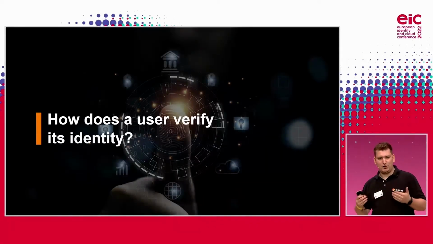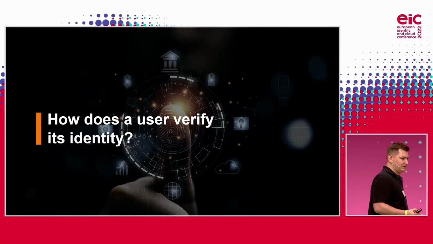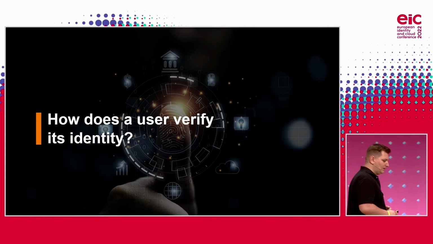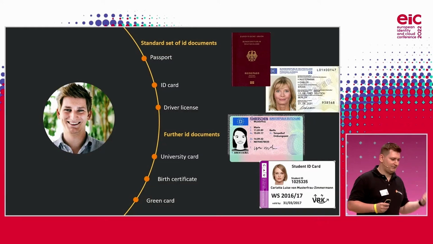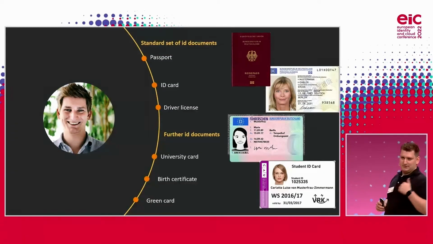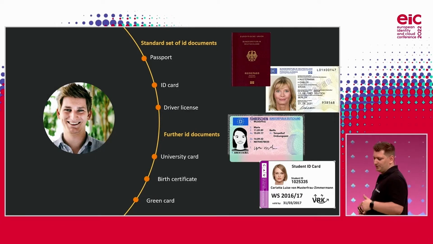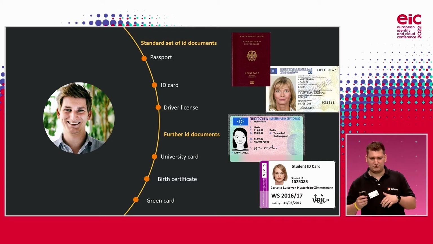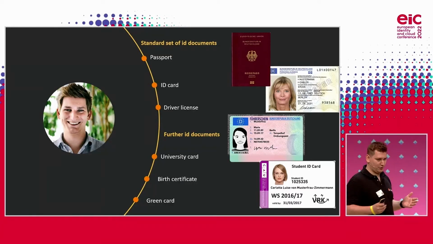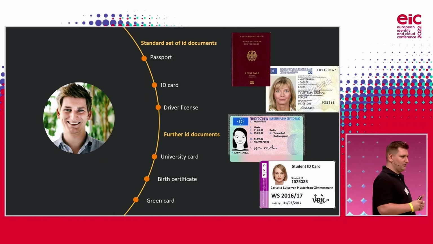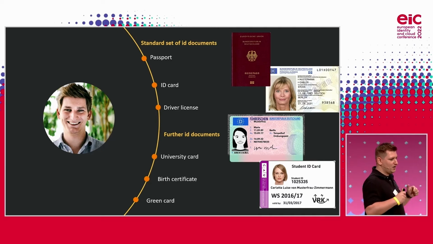And I also have the option to visit a physical store, show up there, show my ID card. So in general, I have a standard set of ID documents, ID card, passport, as well as driver license, and I have further ID documents like university card, green card, and more, which I can utilize to verify my identity, or at least partially verify the identity.